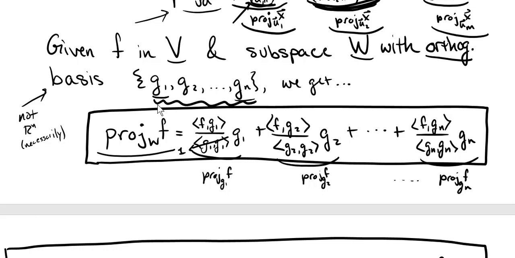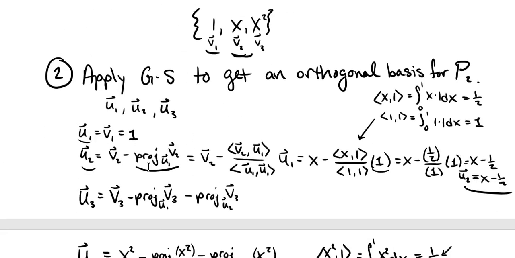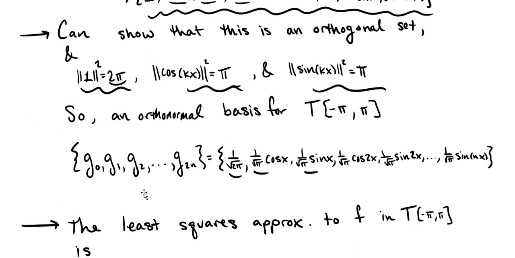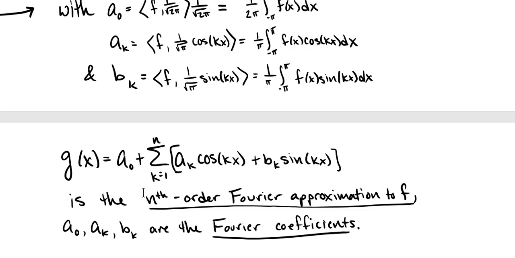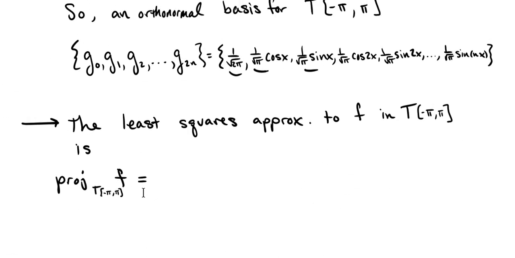That's what you get when you take the inner product with itself. But if they're all orthonormalized, all those are just 1s here. So you don't have to do all this division stuff. You just take the inner product times the vector you're projecting onto. So this is very easy now. The projection of f onto this subspace T is just going to be f inner product with 1 over root 2 pi, times 1 over root 2 pi.